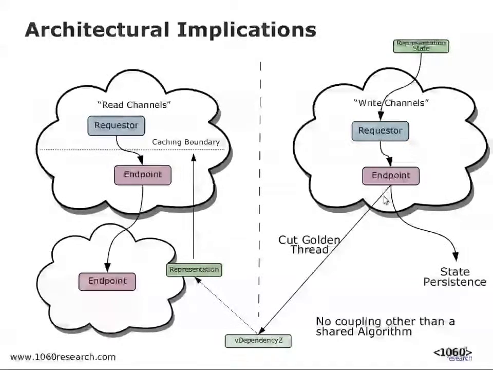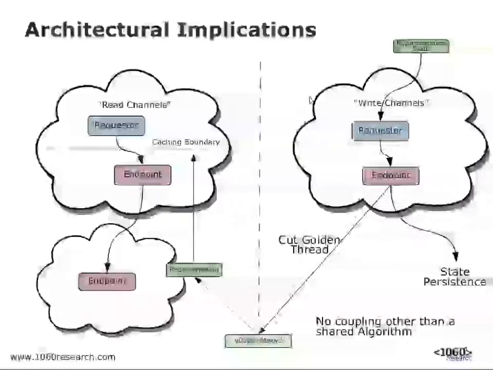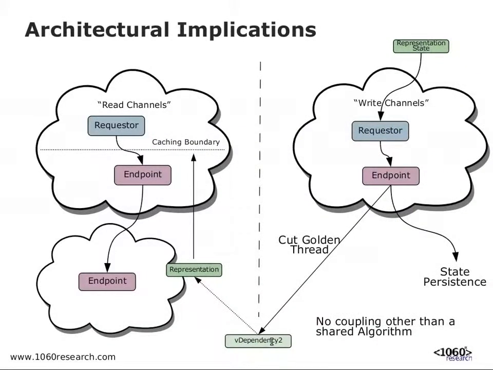And therefore, this write channel, without any knowledge of who or what depends upon this representation or this set of golden thread dependencies, can influence the cache on this side of the channel. So this representation in the cache becomes instantaneously and atomically expired, and any subsequent request for that resource will end up having to go and compute all of the state change again and associate it with the new virtual dependency.